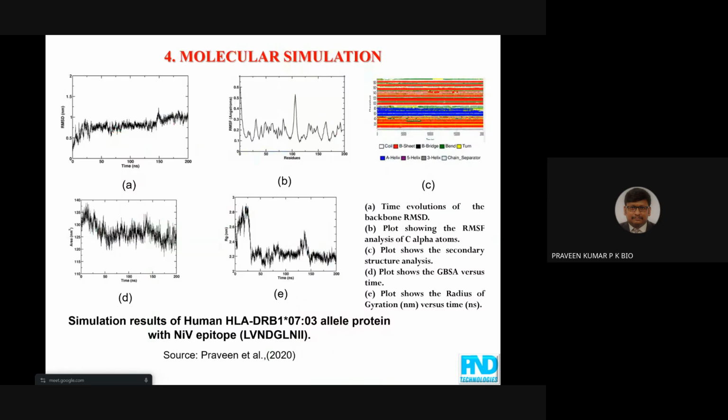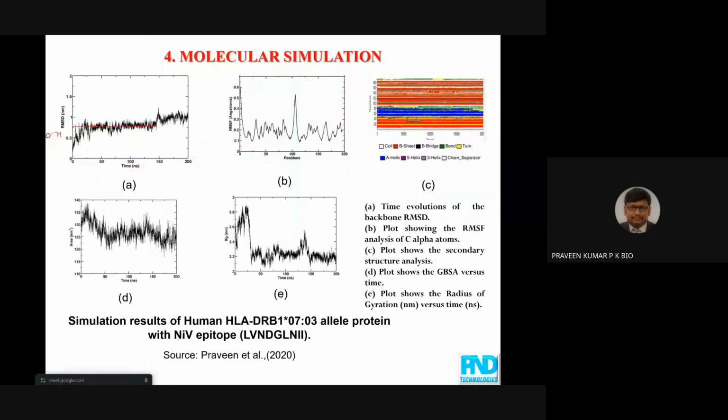The next thing I did is molecular simulation. In the molecular simulation, for whatever peptides I found with those human proteins, I looked at RMSD. In this case, you see it shows a stable trend, around 0.75 RMSD.